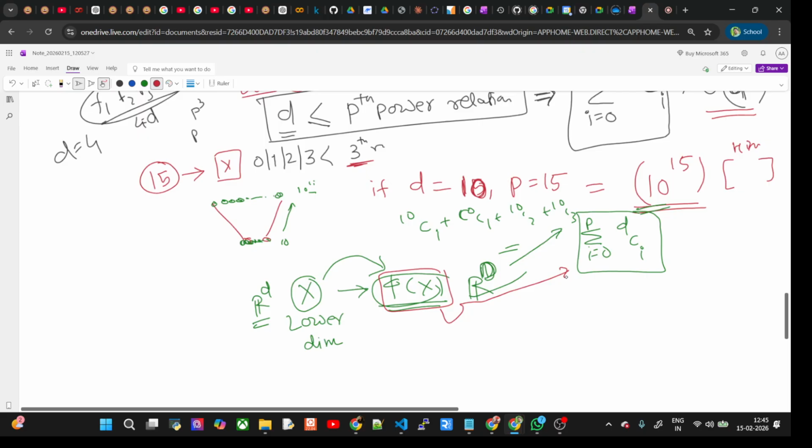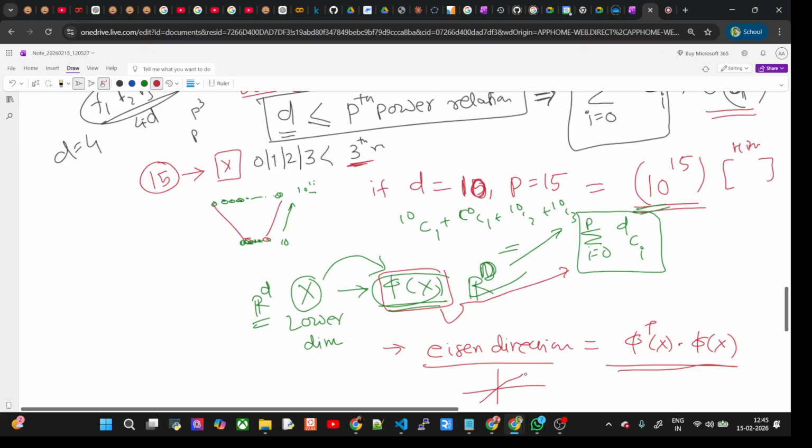And once you get the phi of x, what you do later on is get the eigen directions. You get the eigen directions with the covariance matrix, which is nothing but phi transpose x into phi of x. These are the directions you want in PCA. Then you project the data on this line, and you say, okay, I am able to compress the data. I have reduced the dimensionality.